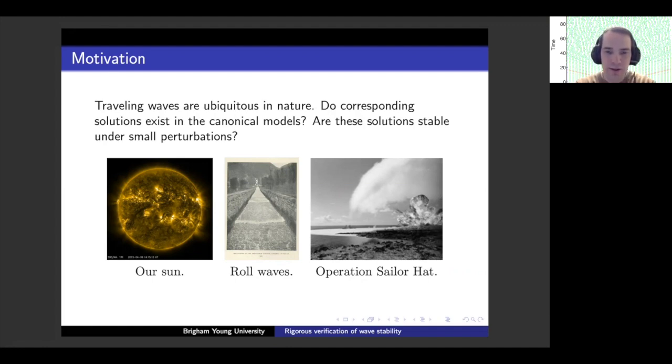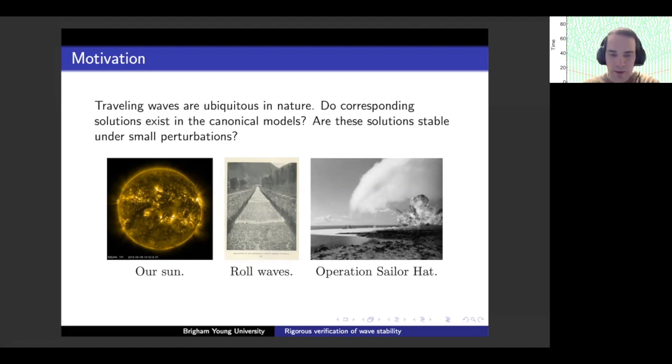And the natural question is, are the solutions that appear to correspond to these phenomena in nature stable? If these solutions are stable, then you would expect to see the analog in nature. And if they're not stable, then you would think that you would not have this correspondence between the waves that you actually observe in nature.